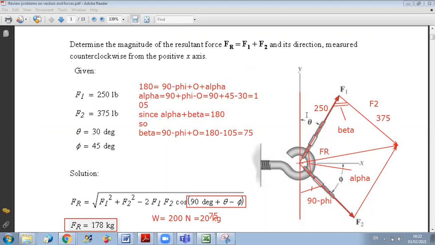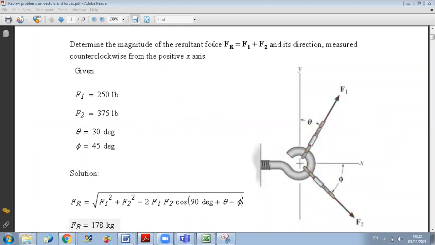If you want to do an accurate figure, it will be somehow like this, nearly like this. Since when we did the calculation, it was clear that the resultant force has a negative component.